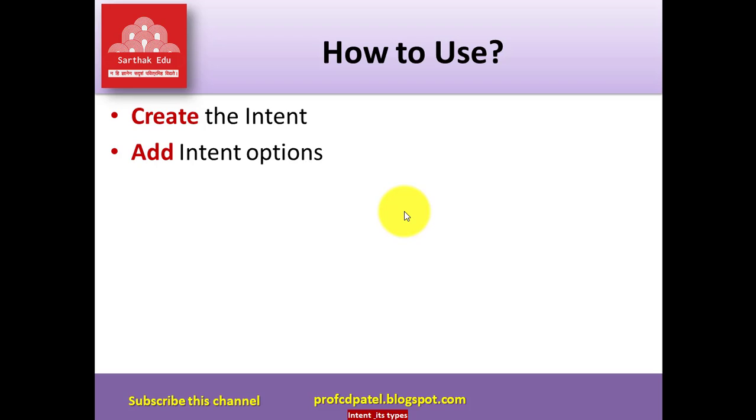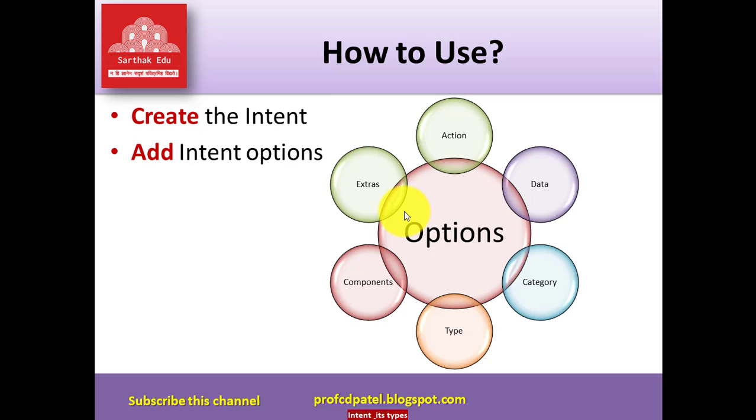For adding options to an intent, we have these facilities. We can use action. It is a mandatory part of an intent. Second is data. It is used to add some data in the intent filter. The third part is category. That is the additional or optional part of the intent object.